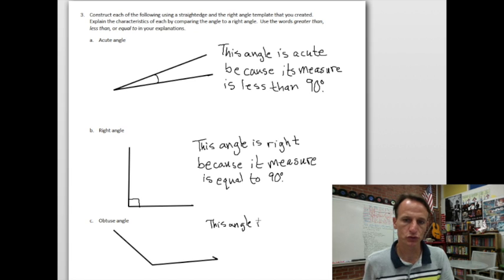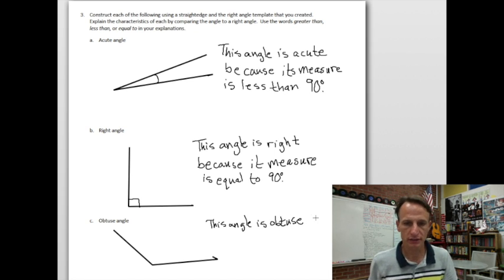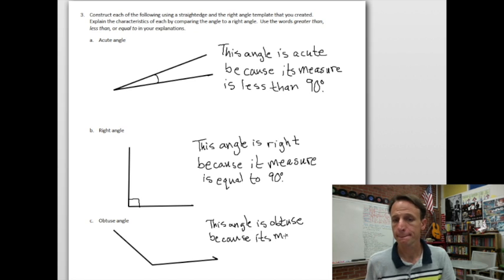Is obtuse. You see, that sounds bigger than a right angle because its measure is what? The words we're supposed to use, yes, is greater than a right angle. We could just say is greater than 90 degrees.